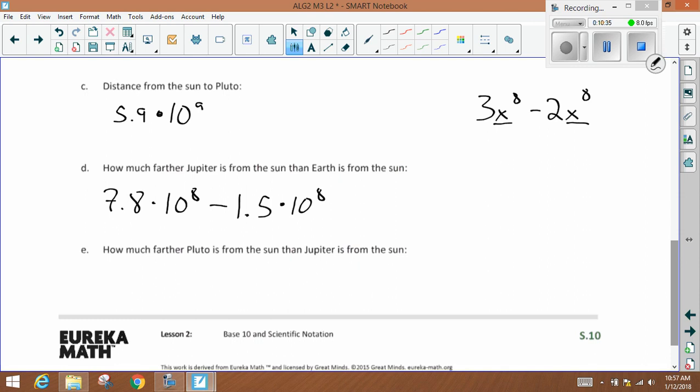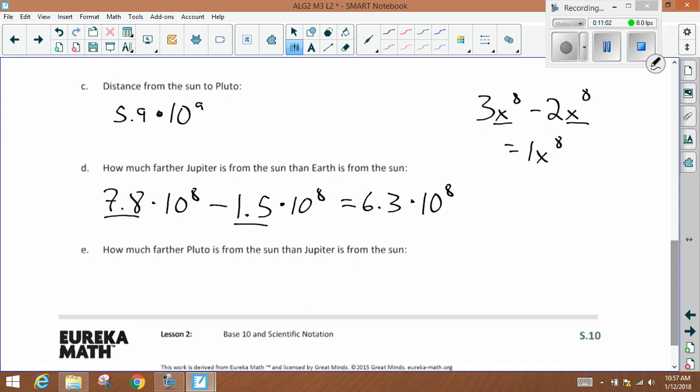So this is just going to become 1x to the 8th, or x to the 8th. We're able to do the same thing with this. So I'm just going to be combining these two coefficients, and that's going to give me 6.3 times 10 to the 8th. And I'm going to leave that 10 to the 8th the same. And that's the way that we're going to combine them.